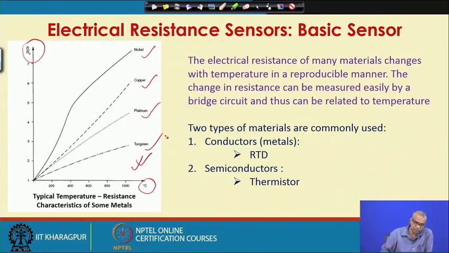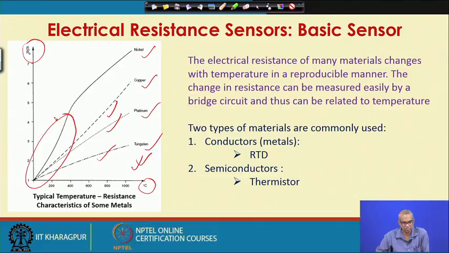You can see that there is a region over which the relationship between temperature and resistance is linear, or approximately linear. Let us call this the principle.